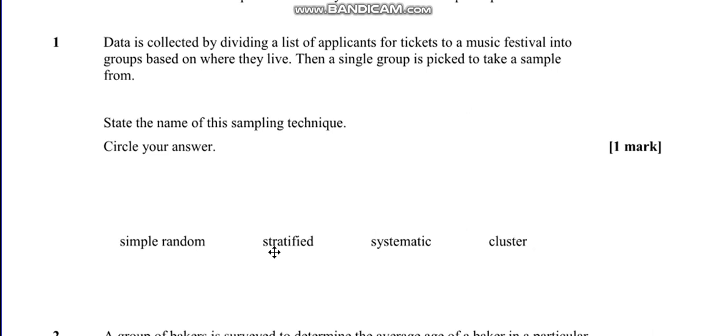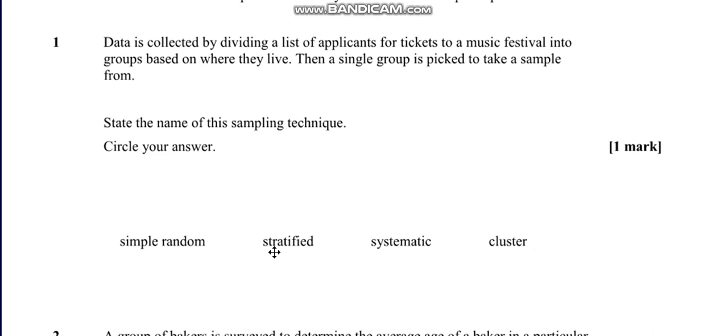So you want stratas such as age groups or gender, and you would pick your sample based on the proportions of those strata in the population. So if it was a 50-50 for male and female, then your sample should be 50-50 male and female. So we're not told it's based on proportion, so it's not that one.